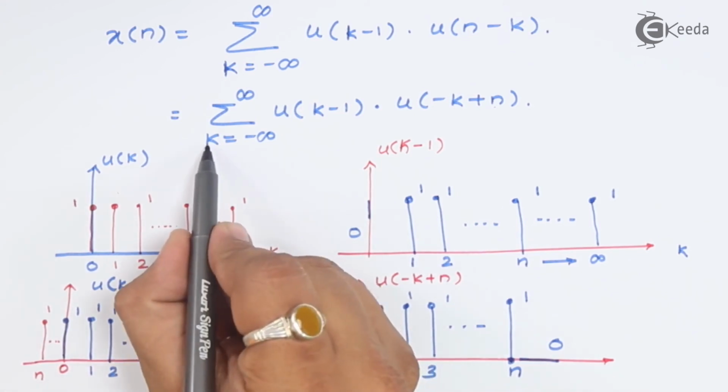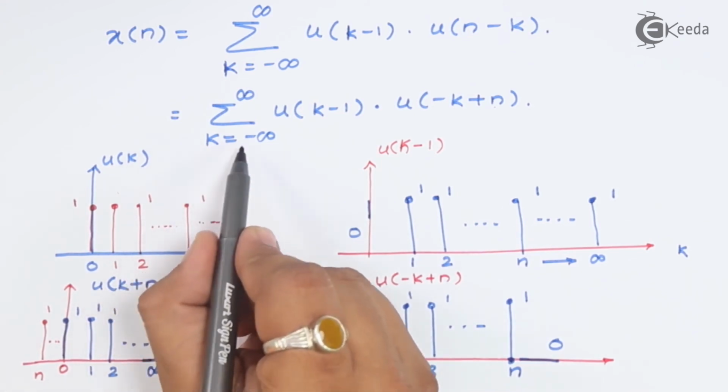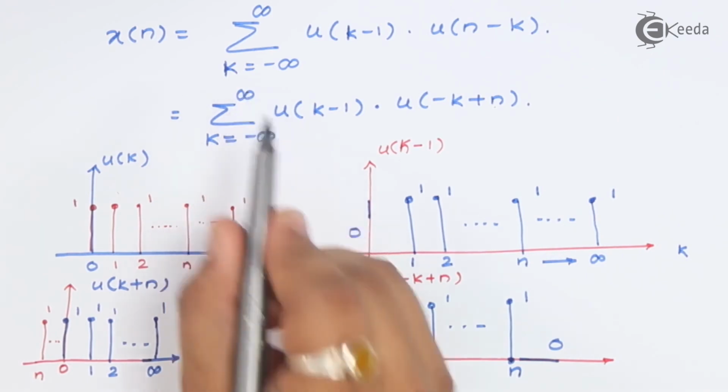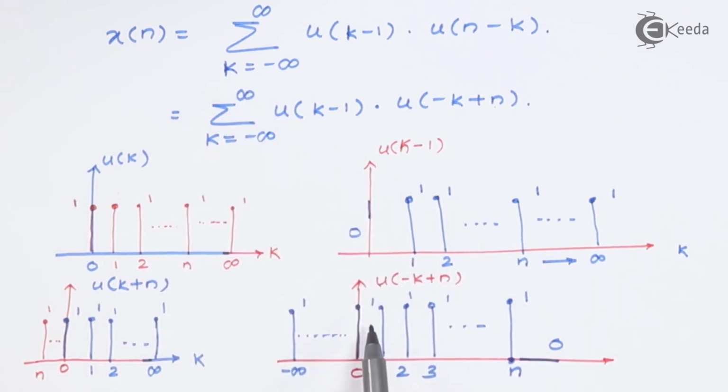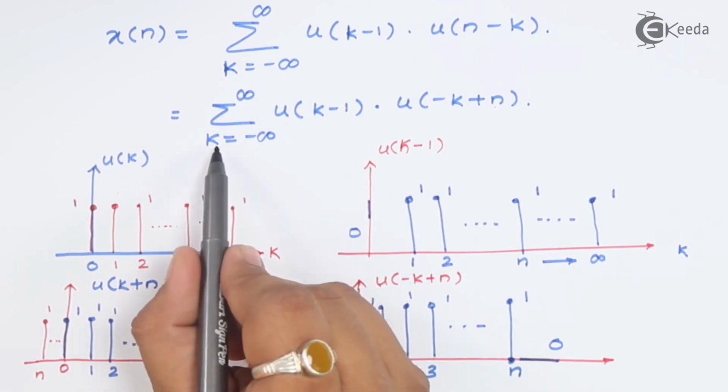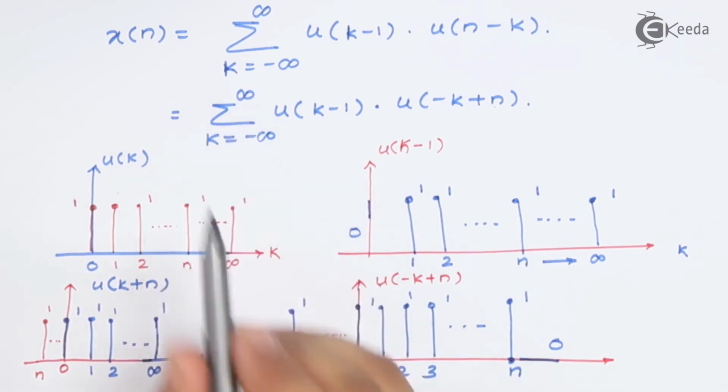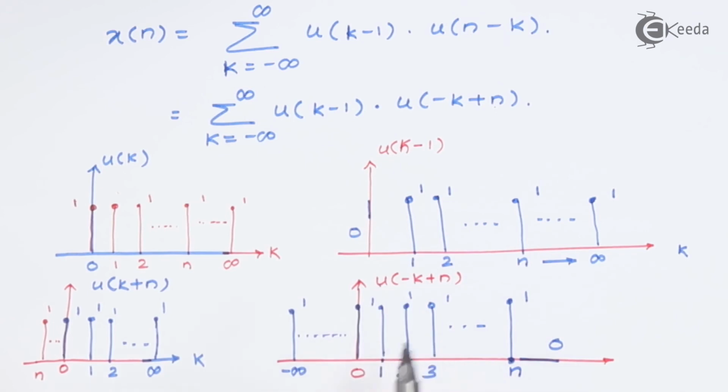So I can replace this summation with limits from 1 to n, and now here we have discrete samples having amplitude 1, but these values start from 1 and terminate at n. Here the summation's k value goes from 1 to n, because after multiplying these two graphs, the answer will have a first sample at 1 and the last sample at n.